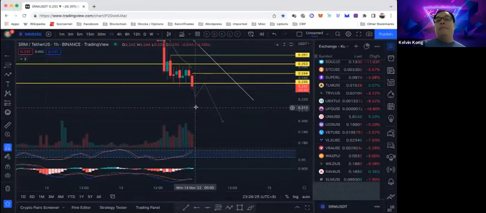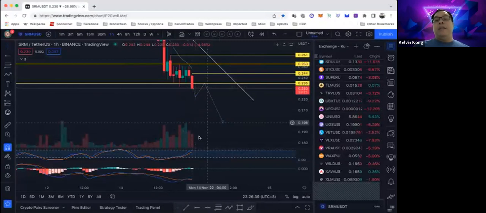So next time when you see something like this, go ahead and enter. There's a very high chance that if this thing comes down, it will zoom all the way down.